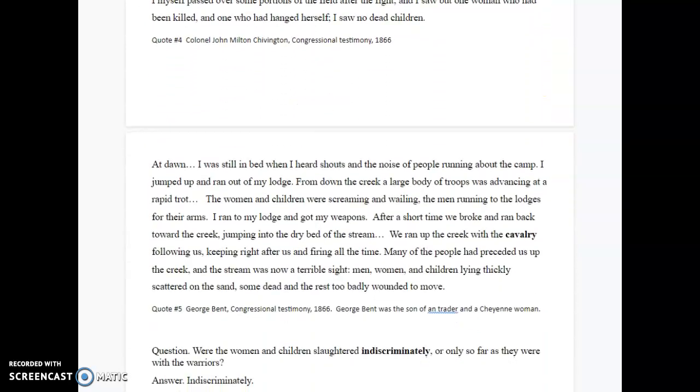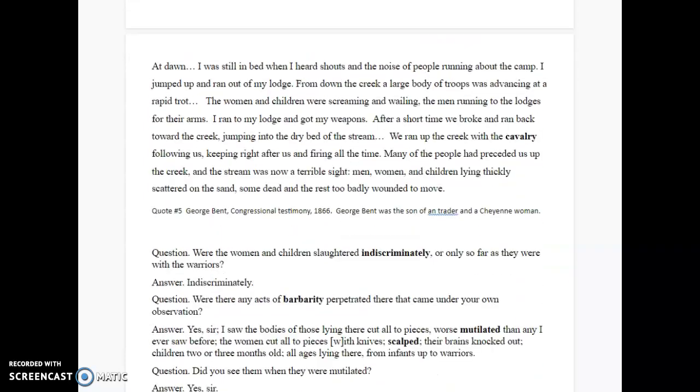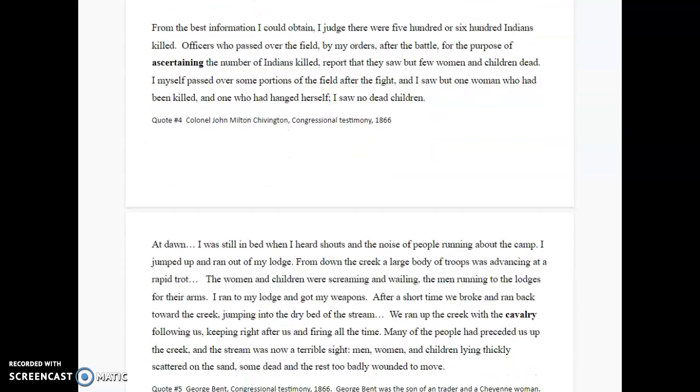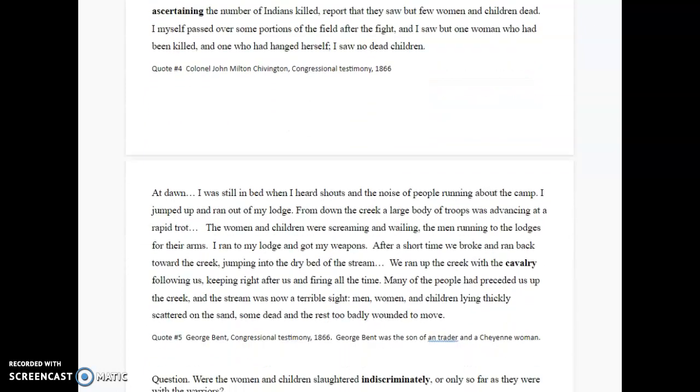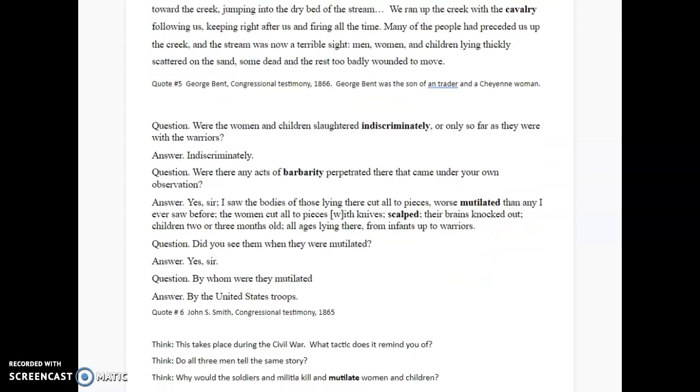And then you'll have 3 short passages from the American perspective of what happened at Sand Creek. One from Colonel Chivington in his congressional testimony, one from George Bent, who was half Cheyenne, half white, and lived at Sand Creek, and one from another interpreter of Cheyenne in English who was also at Sand Creek.